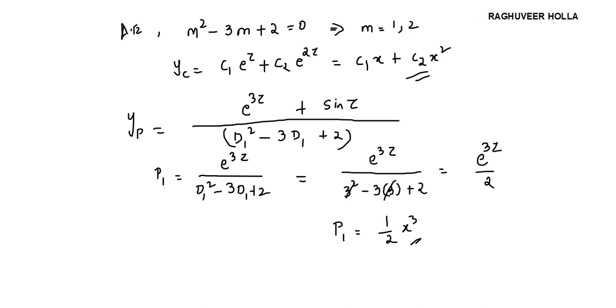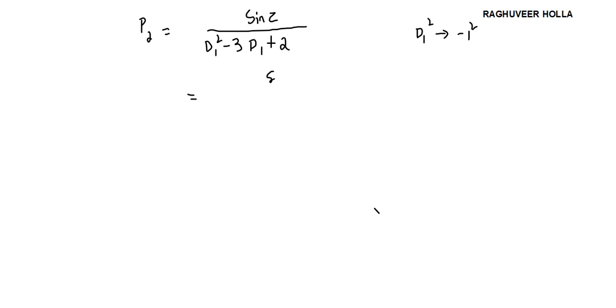Let us try to solve another particular integral, that is p2. Here we have sine z divided by d1 square minus 3d1 plus 2. Now let us substitute d1 square as minus 1 square. So I get sine z divided by minus 1 square minus 3d1 plus 2.